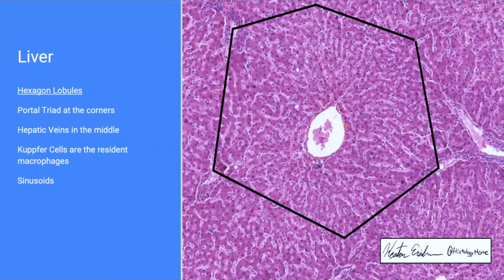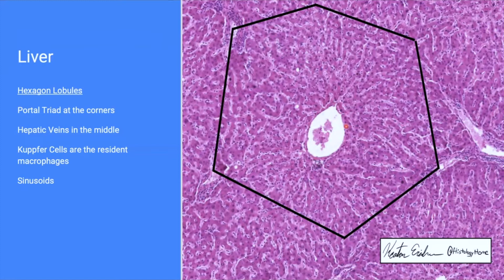One portion of histology that I haven't really addressed on this slide is the presence of stellate or Ito cells. These are also cells that are found within the liver parenchyma. They act as reservoirs for vitamin A. And then additionally, they are responsible for responding to inflammatory signals and producing and initiating fibrosis.